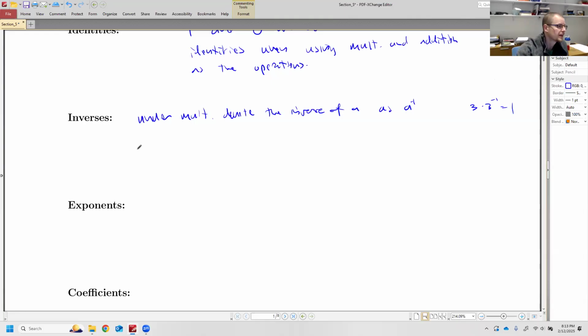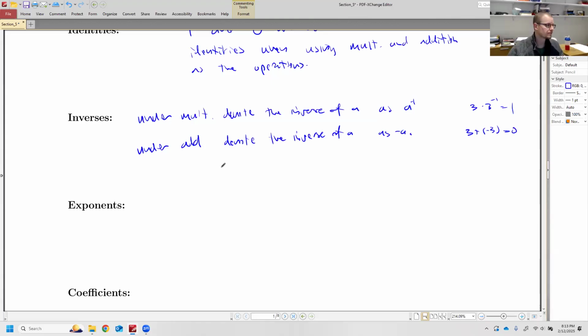Hey, that's familiar. Under addition, it's all about whatever notation we're using. We're not necessarily using the traditional multiplication or the traditional addition, but when we use those notations, then we use these associated notations. So under addition, we denote the inverse of a as negative a. The normal 3 plus negative 3 is 0.